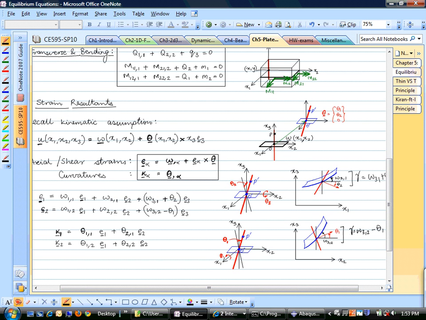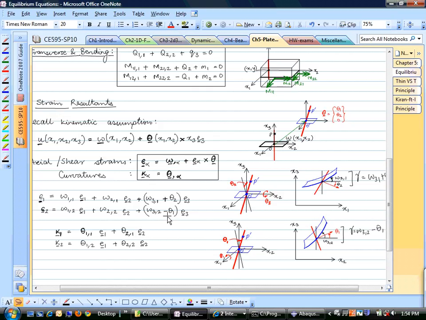So you have to think in a little bit of a 3D way that this line is going to rotate with respect to x1 and x2 with angles theta 1 and theta 2. So the angle that it makes when you rotate it about theta 2 here, that's the angle that it makes with the x3 axis.